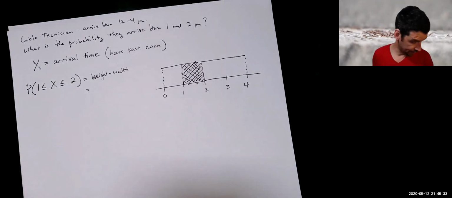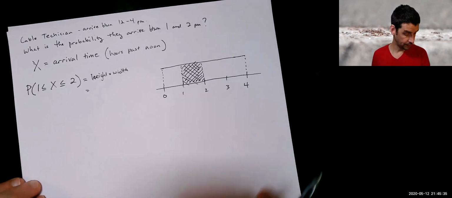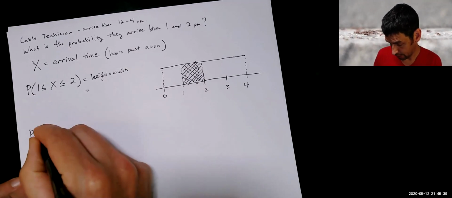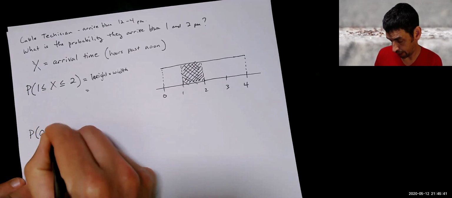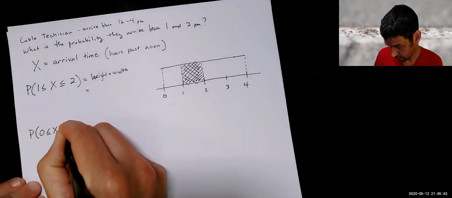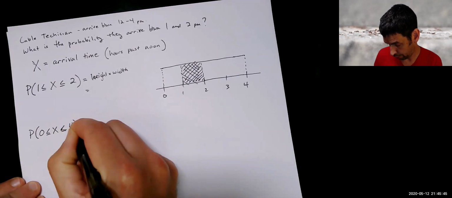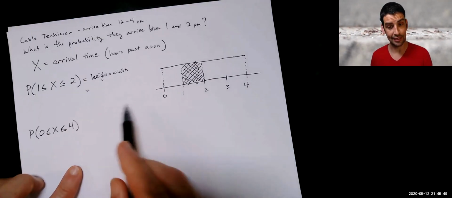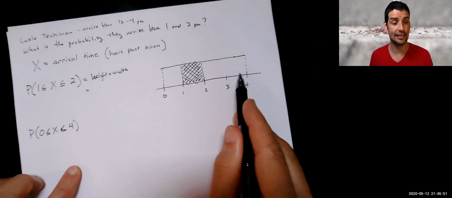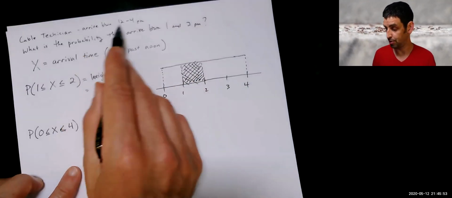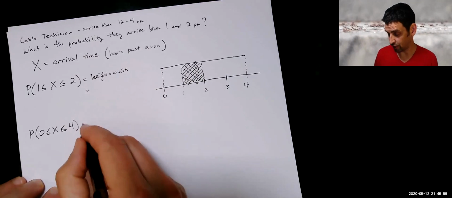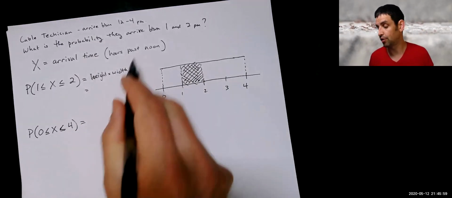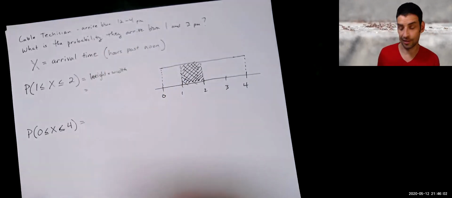Let's ask ourselves a little bit of a different question. What is the probability that our technician arrives between 0 and 4 hours past noon? Well, as I said in the setup, we guarantee that they'll be there between these times. In other words, it's a certainty. This might not reflect real life, but let's assume that it's certain for the context of this problem.